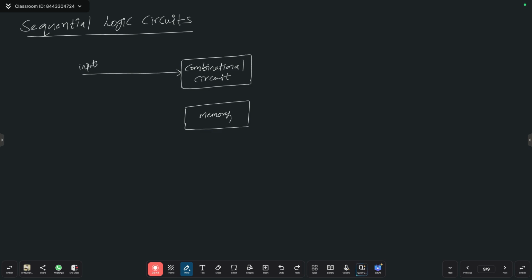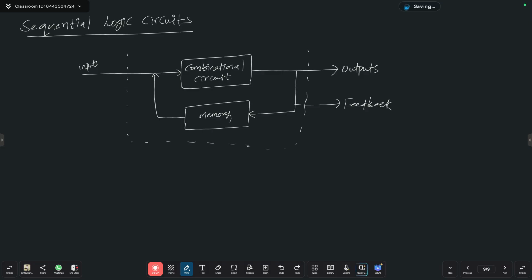The output of sequential circuits depends upon present inputs and present state.